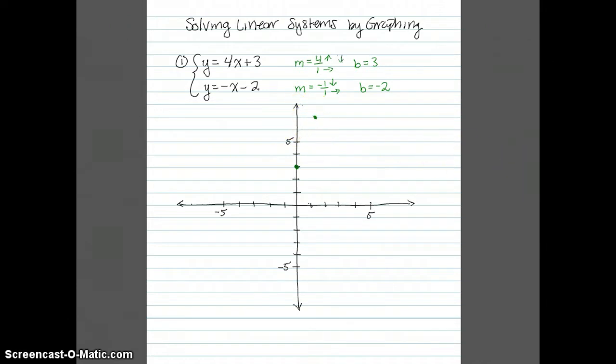Now, since I'm off of my graph, if I keep going, I'm just changing my direction here to go down 4 units and 1 to the left. So see that my next point will be here. And I'm just going to go ahead and put one more point just so I can really see where that line sits. So I went down 4 more units and 1 to the left.